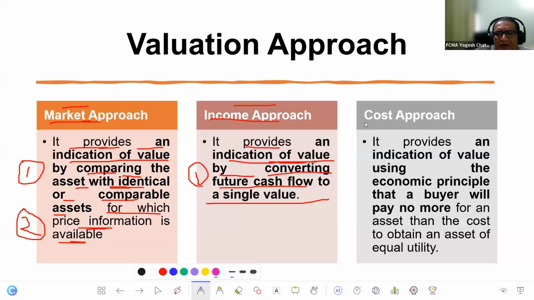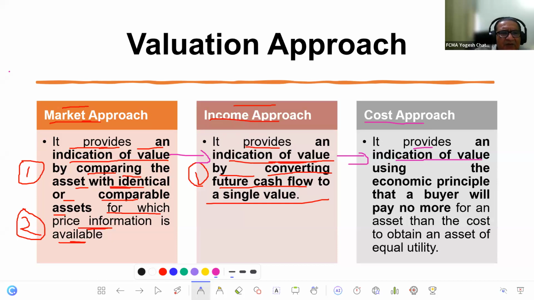The cost approach, in brief, again provides an indication of value. I will highlight that in all three approaches, what you are determining is just an indication of value. That is not the final value, and not the price prevailing in the market. As we discussed, price in the market is determined by the forces of demand and supply.